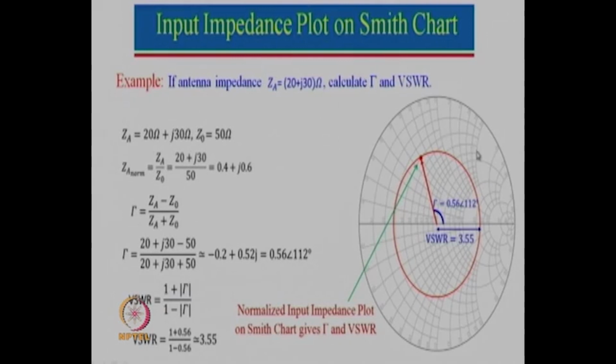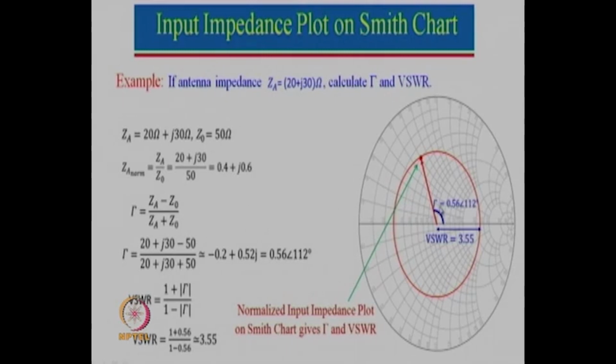If you are plotting impedance, all the positive values correspond to inductive impedance, and all the negative values correspond to capacitive impedance. These are known as constant reactance circles. For this entire curve here, the reactance value will remain fixed, but as you move from here to here to here, only the resistive value will change.